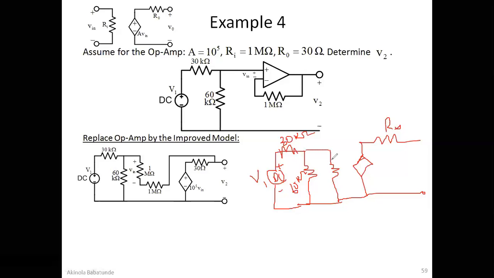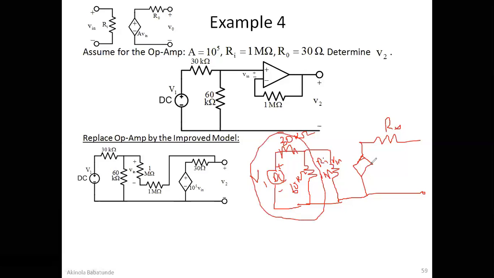This is going to be our V in, and on that V in is where you're going to have your RI. This is going to be our R input now, because this is going to be our V input now, and under that you have 1 mega ohms here. Everything you're looking at here is already from the circuit.